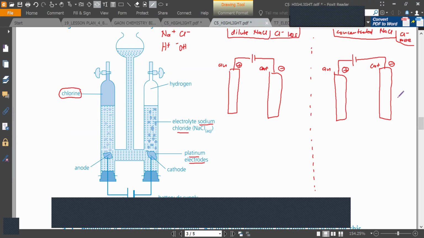Same as before, sodium and hydrogen will come here at the negative, and chloride and hydroxide will come here. Here is always hydrogen, because sodium is very reactive. It cannot react. So here is always hydrogen.